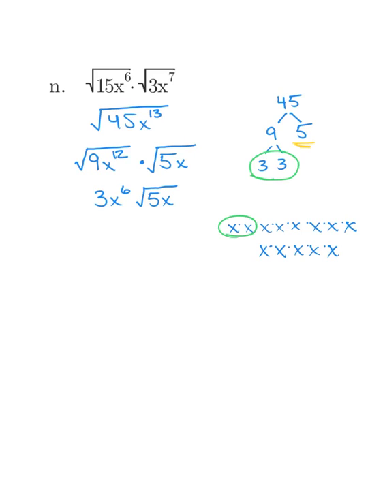So we've got 1, 2, 3, 4, 5, 6. That becomes my exponent on the outside. We have x to the 6th. I have 1 x left over with nothing to pair up with, and so it stays inside.